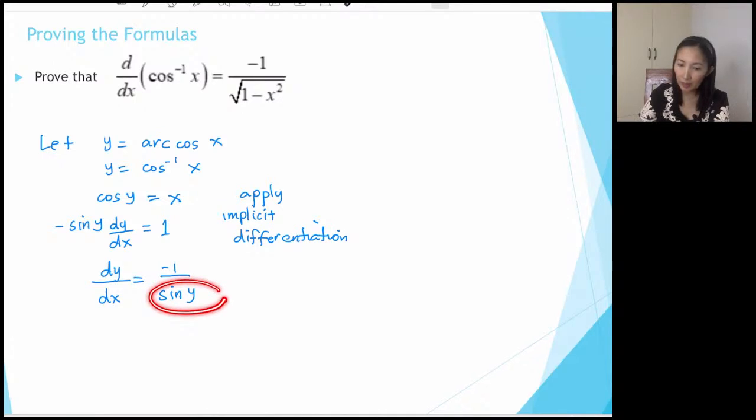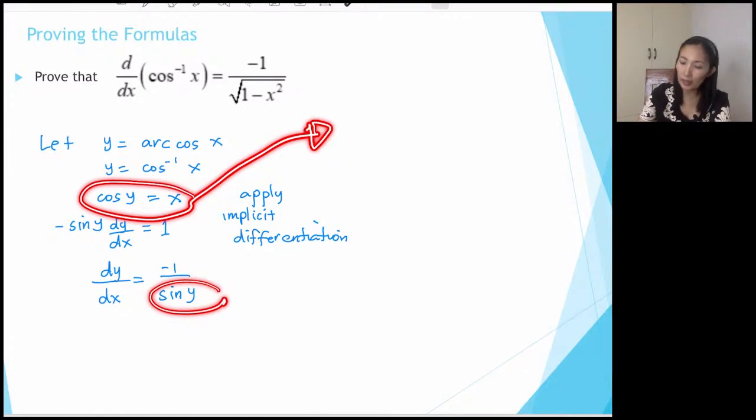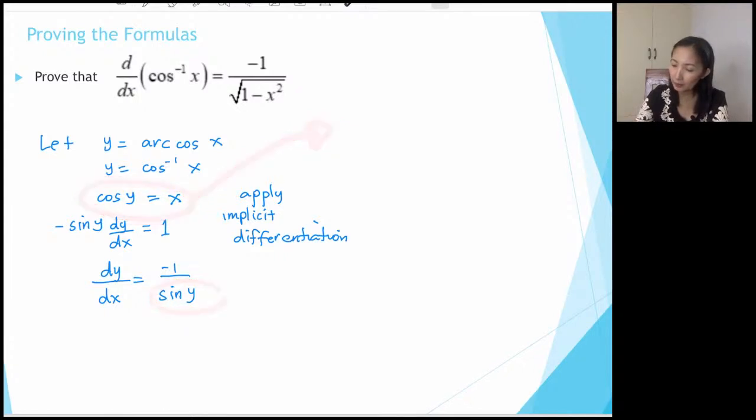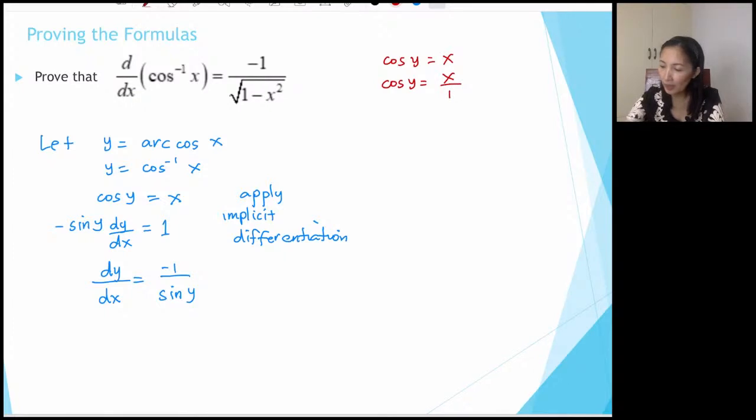Look for sine y, again, like what we did a while ago. Draw a right triangle and assume that one of the acute angles is angle y. So cosine of y is equal to x, or x over 1. And remember that cosine is adjacent over hypotenuse.